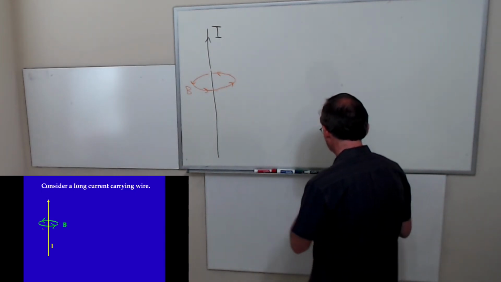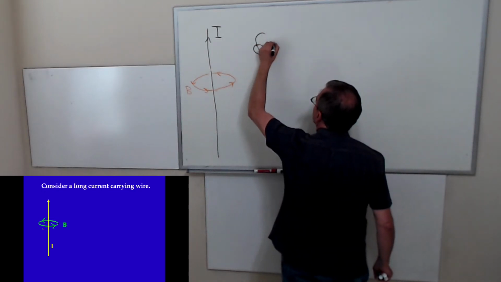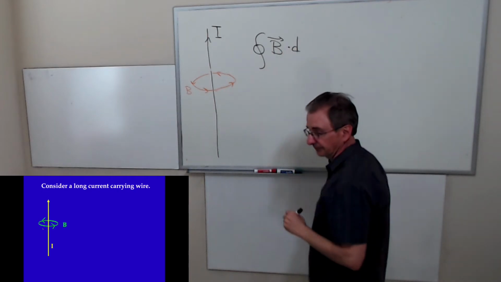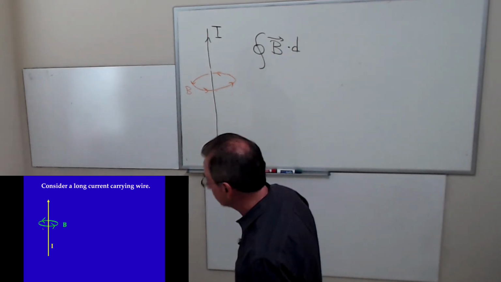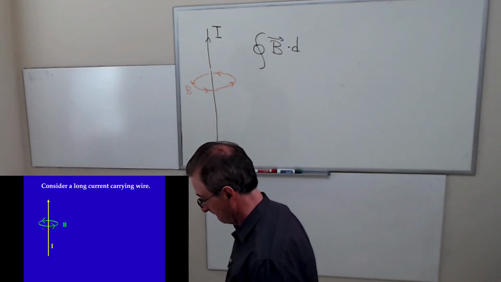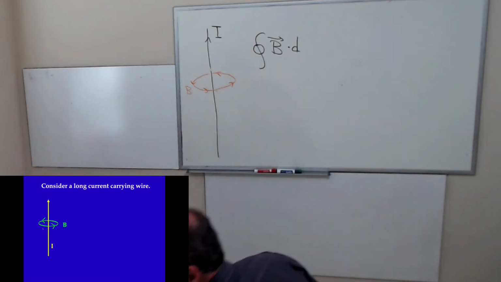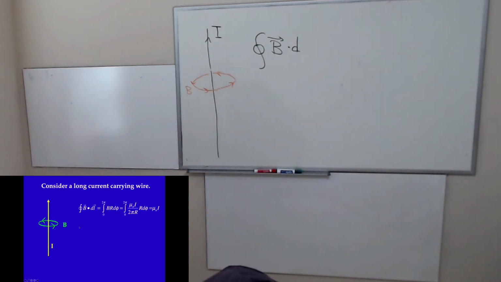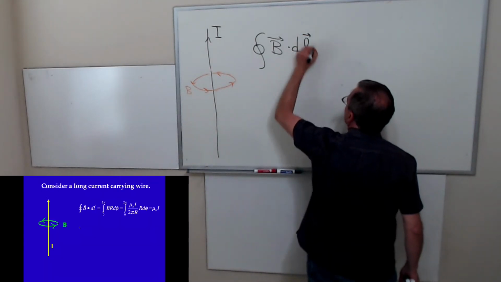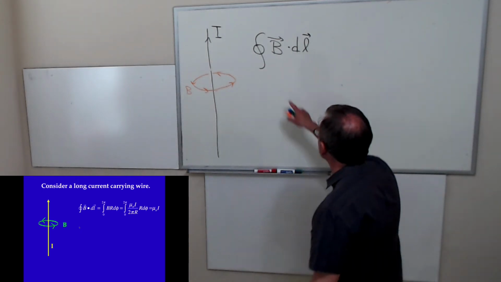Suppose, just for fun, I integrate the magnetic field around a loop, the same loop as this field line. Integrate around that loop, all the way around, closed loop.